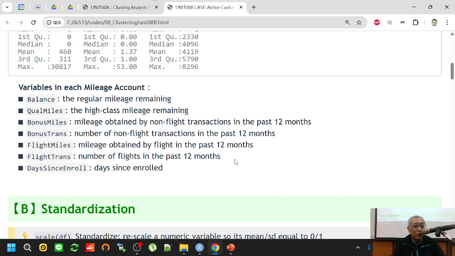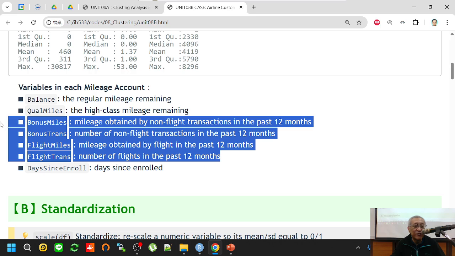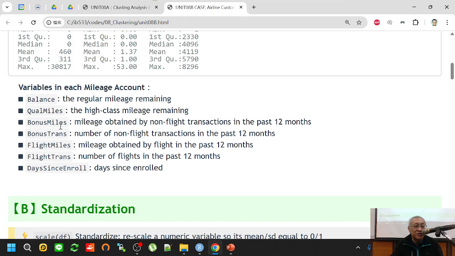So this one, bonus mileage, is not the fly mileage. There are actually two ways to earn your mileage. The first way is to fly: you fly, you get the mileage.